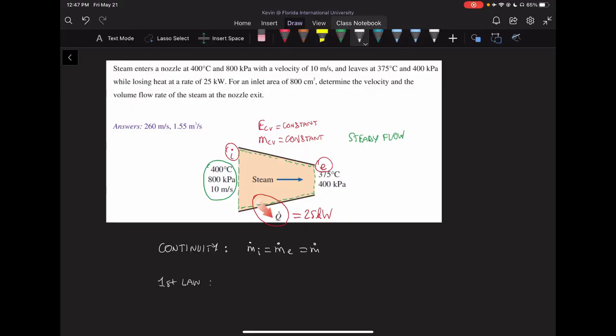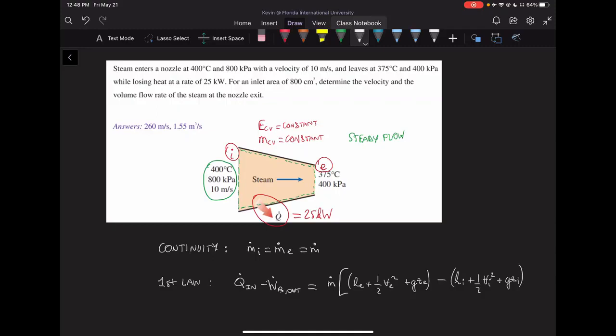So our first law for steady state systems states that we have Q dot in minus work boundary out, or just work out, is equal to m dot times (HE plus 1/2 VE squared plus G ZE) minus (HI plus 1/2 VI squared plus G ZI).